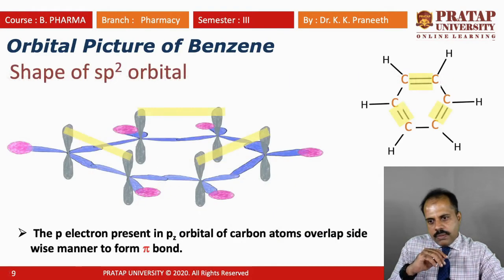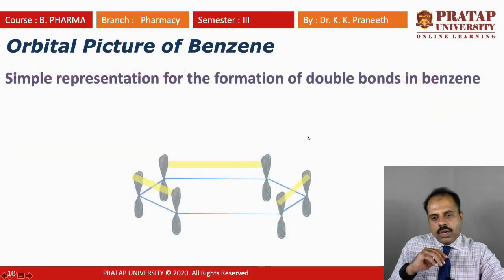So this is a little bit more complicated structure. For example, for examination purposes, you can draw a simple representation for the formation of double bonds. This is the simple structure, right? In benzene, the carbon is only represented by this line.